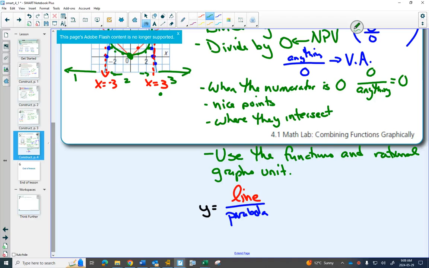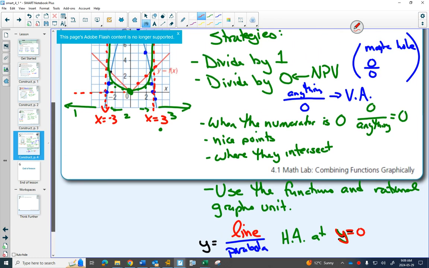That would mean the degree is bigger on the bottom. Would you have an oblique asymptote or horizontal asymptote? Horizontal asymptote. And if it's bigger on the bottom, this means that you would have a horizontal asymptote at y equals 0. We can add that into our graph.